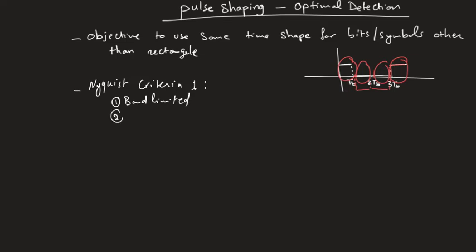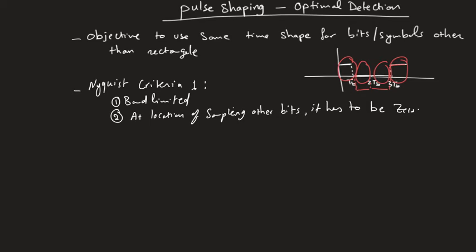And number two, at locations of sampling other bits, it has to be 0, right?